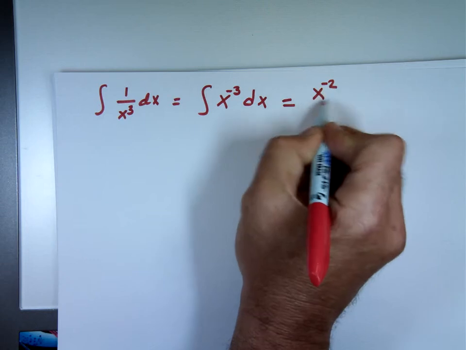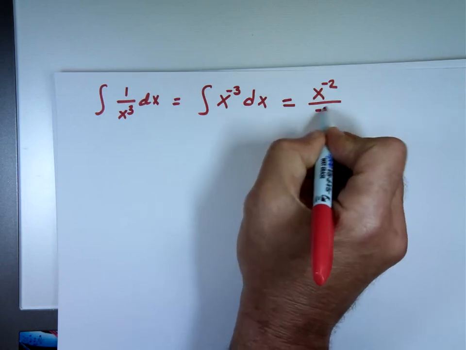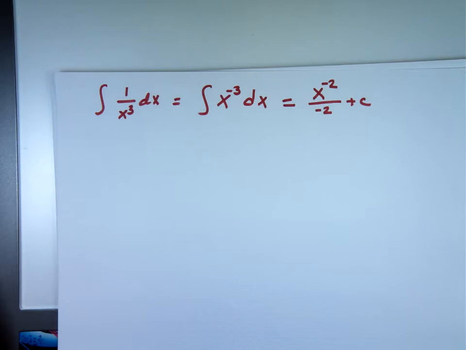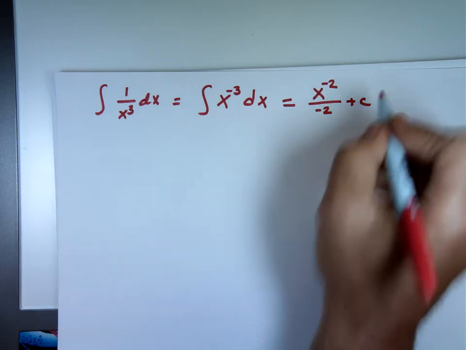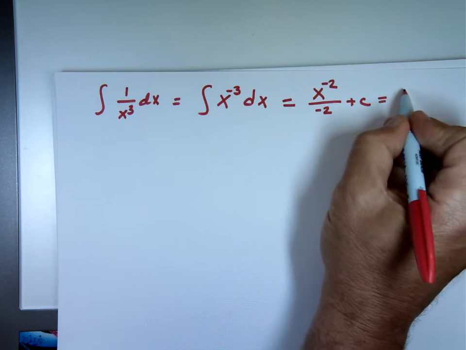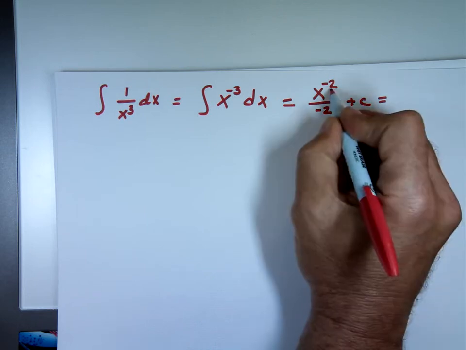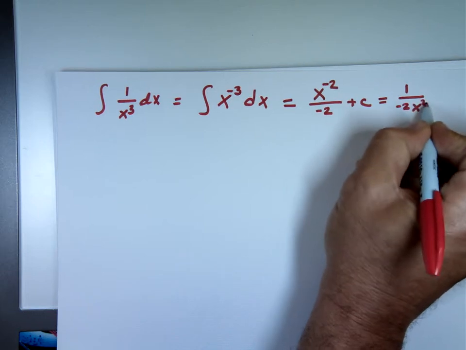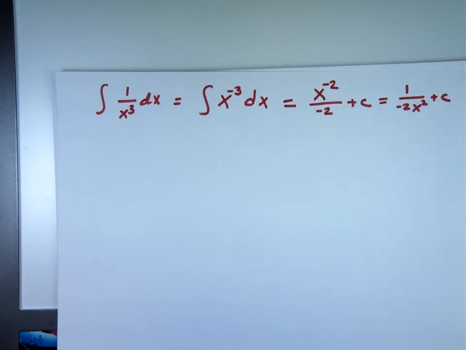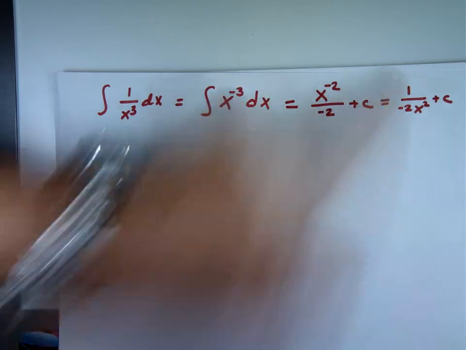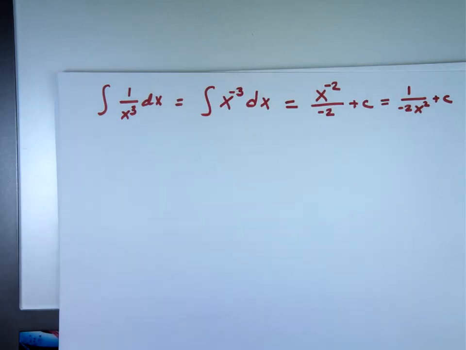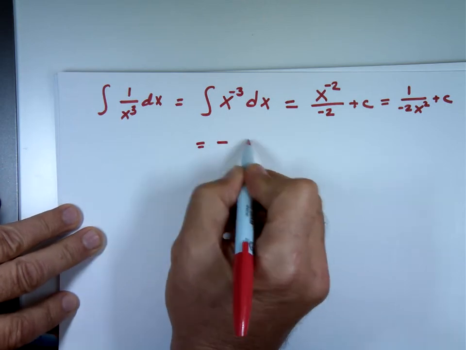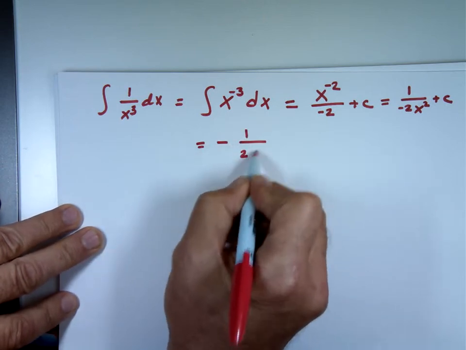Negative 2 over negative 2 plus the constant c. If you don't like negative exponents, can you rewrite that? If you don't like the minus here, you can put it on the top. Most computers, most books, they don't like the minus on the bottom of a fraction. So they always put it on the front, or they'll put it on the top.